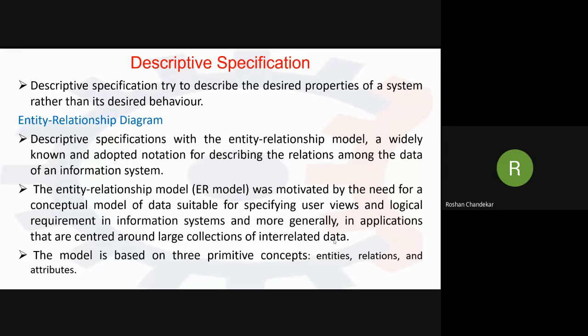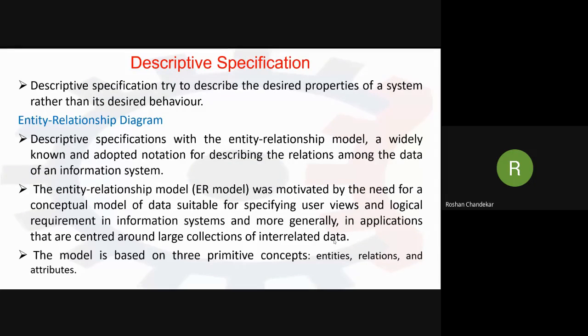The ER model is based on three primitive concepts: the entity, the relation, and the attributes. They are the three primitive concepts when we design an entity relationship diagram.